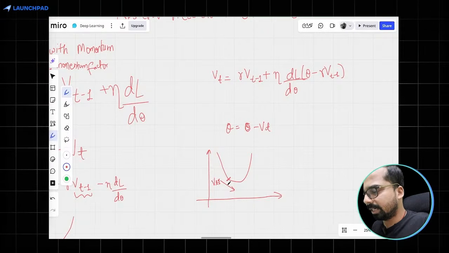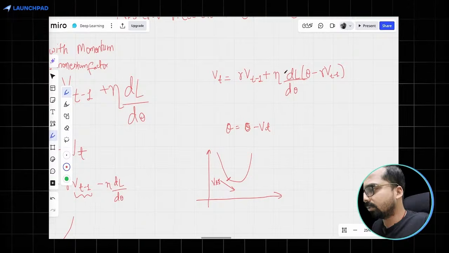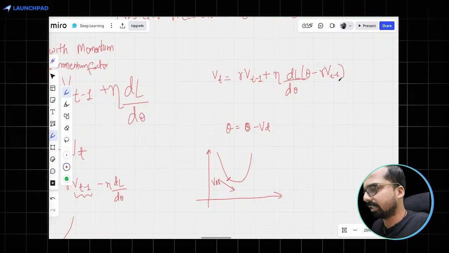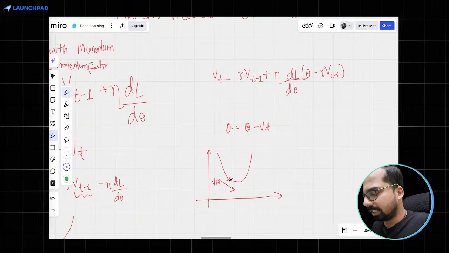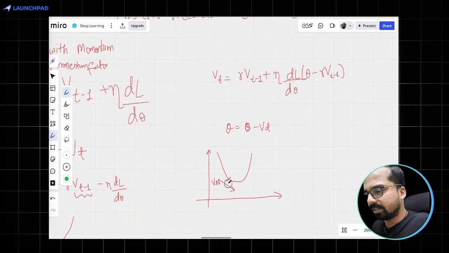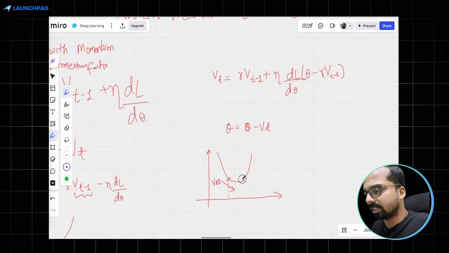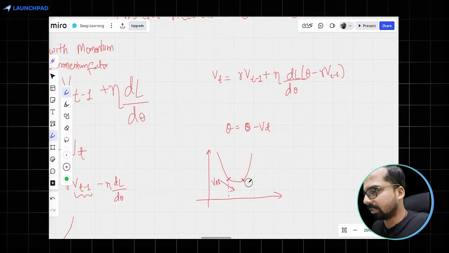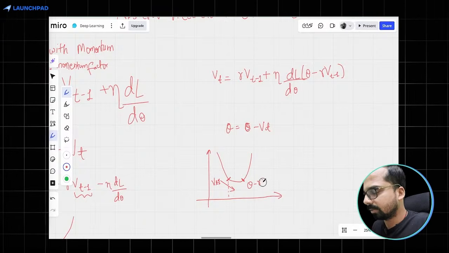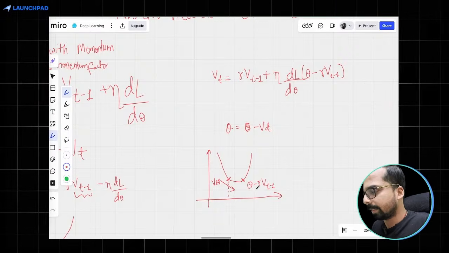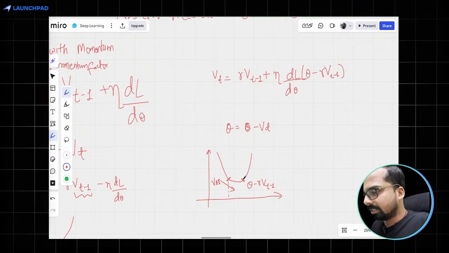I want to get the rate of change of slope at the point theta minus Vt minus 1. So theta is over here and Vt minus 1 is saying go downwards. So theta minus Vt minus 1 comes over here, this point, theta minus gamma times Vt minus 1, and we get the slope at this point.